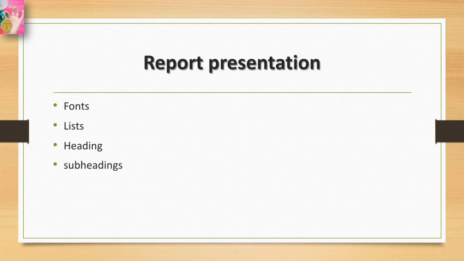and the font size for normal writing is normally 12 point. And if we talk about lists, use lists whenever appropriate to break information into easy to understand points. Lists can be either numbered or bulleted. So listing is good if you want to break information into points so people can easily understand.